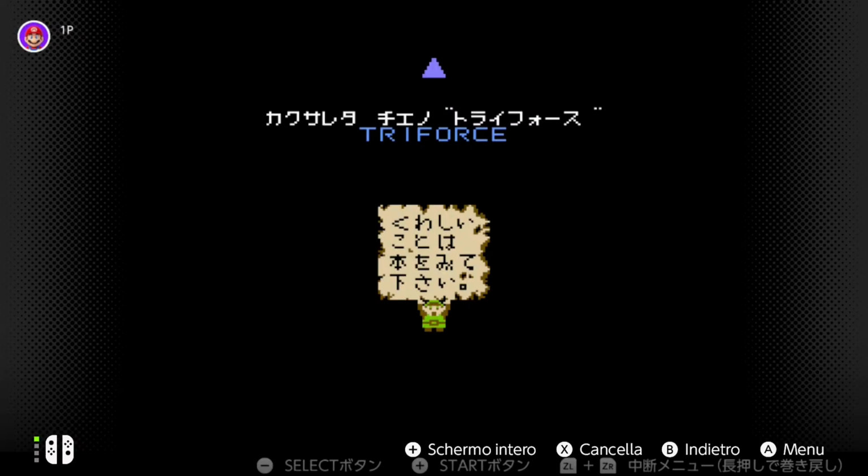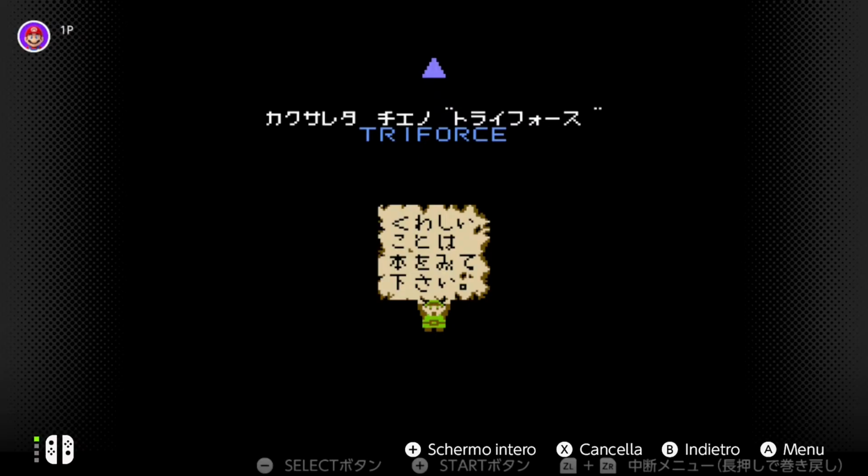It says, Kuwashii koto wa hono mite kudasai. Kuwashii is an adjective, which means detailed.